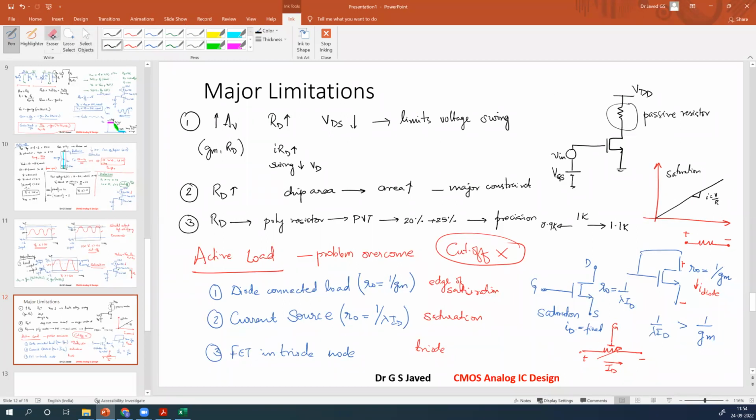For a linear resistor, it is not in saturation, it is in the triode region. So in the region greater than VT, if your input is greater than VT, till it hits the saturation point of VGS minus VT, till that portion you can have the device operating as a resistor. And this region is always beneficial, so this will reduce the load. So this is called a diode connected load.